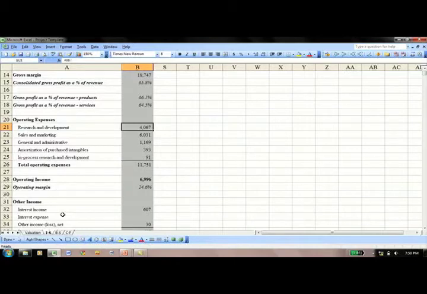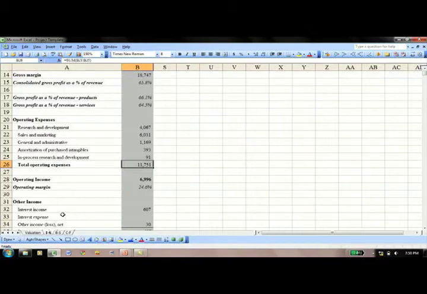There's amortization, and there's in-process R&D. So these are all of Cisco's operating expenses. And then they total all their operating expenses up and tell you that they had total operating expenses of $11.7 billion. Now, I want you to understand these line items.